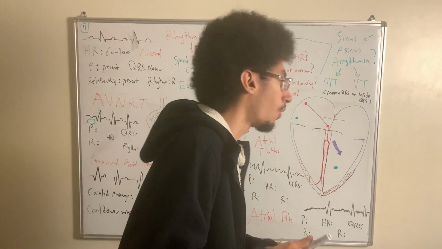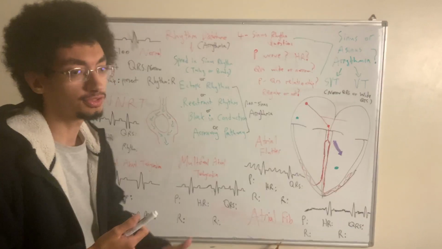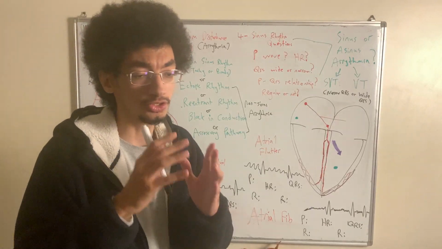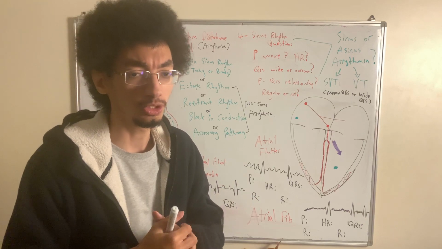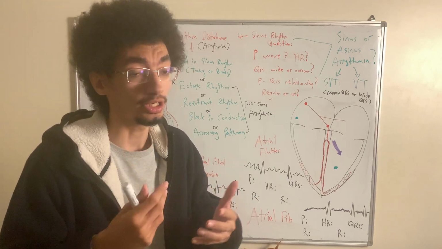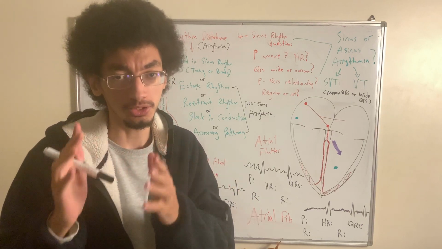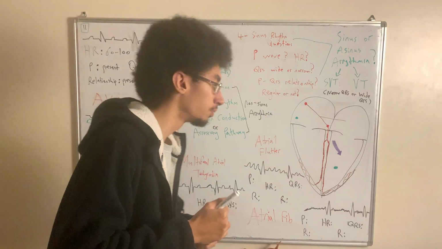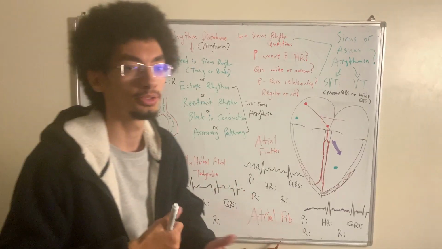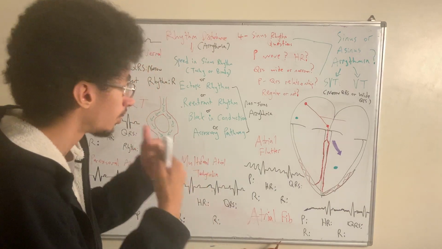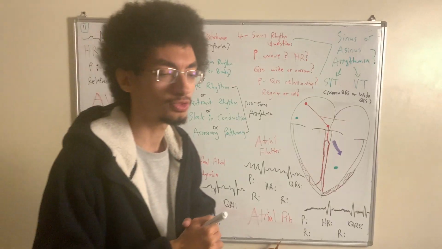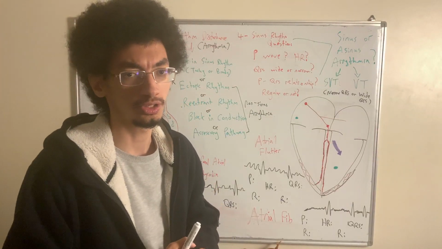There are many ways in which there could be a rhythm disturbance. Before we talk about how the rhythm could be disturbed, let's just revise one more time the conduction system of the heart.